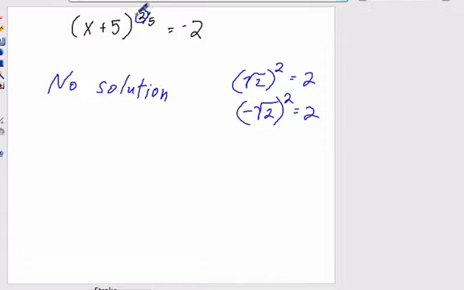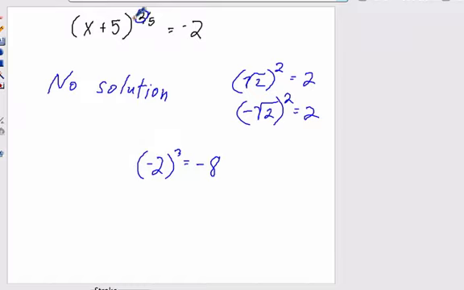Now, if this was a power like an odd number, like 3, right? Then I could have a negative over here. Because if I'm raising something to the third power, a negative 2 to the third power is a negative 8. I can get a negative back.